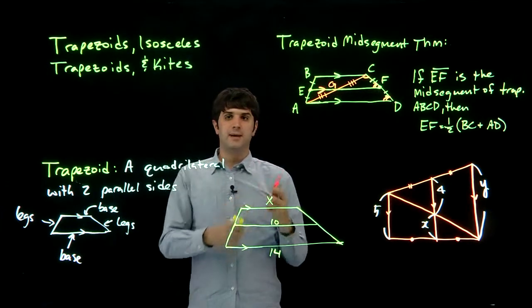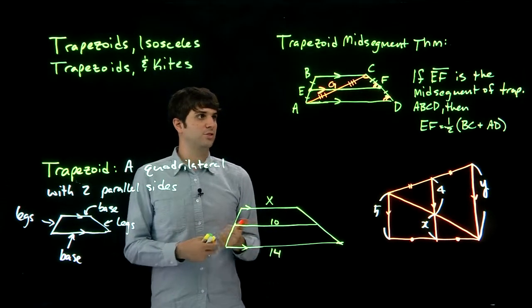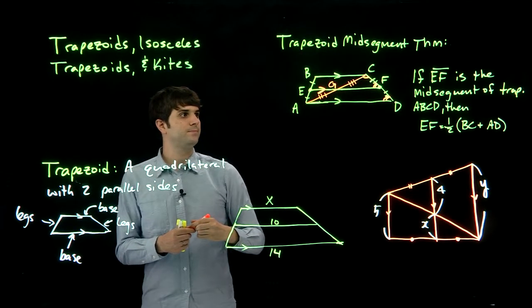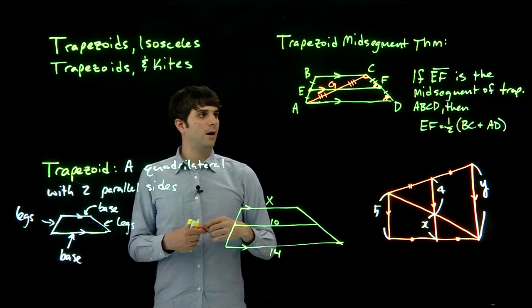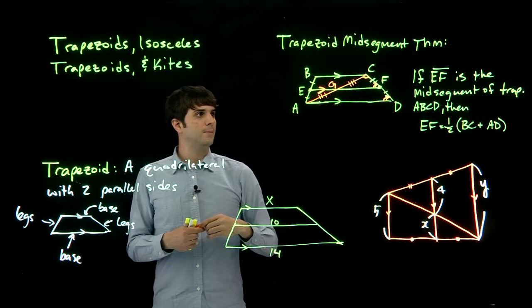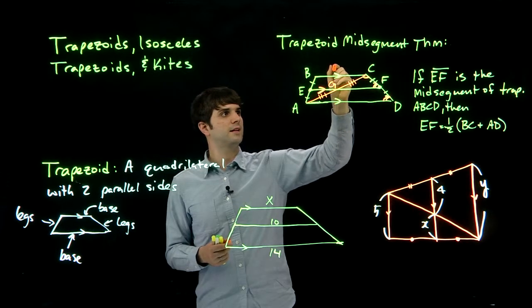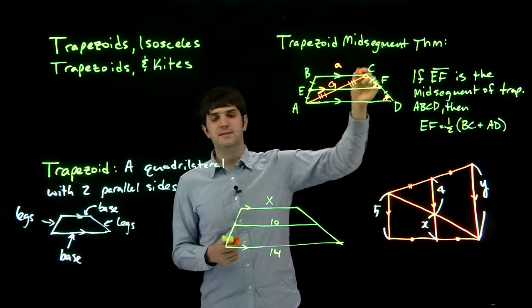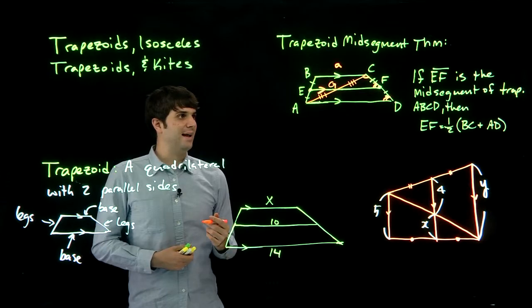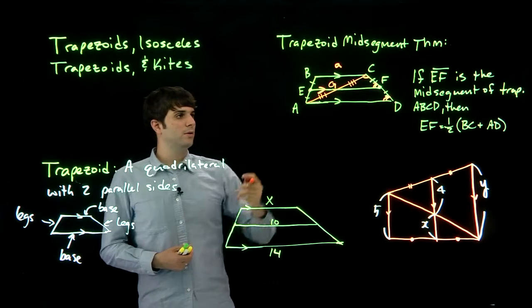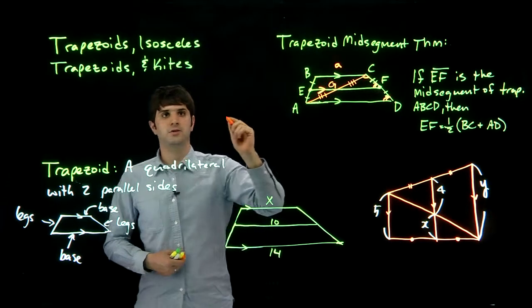Now this is the setup of how we're going to actually use this. Now, EG, let's call BC, let's value that at A. Well, the scale factor, let me write this over here.